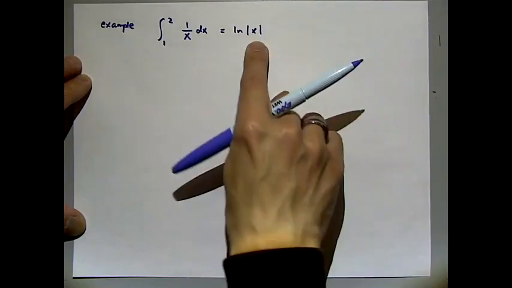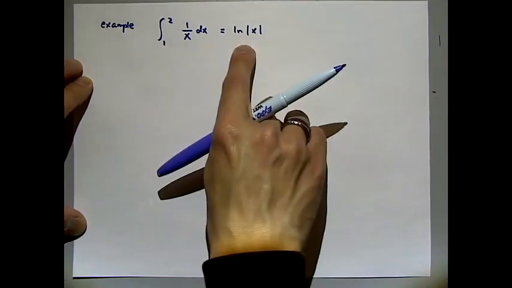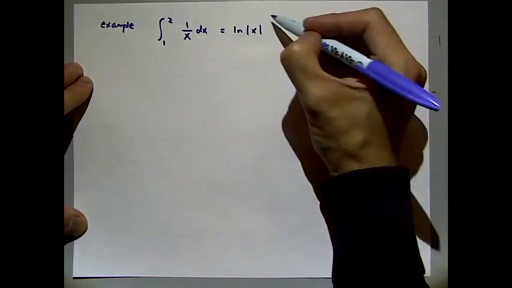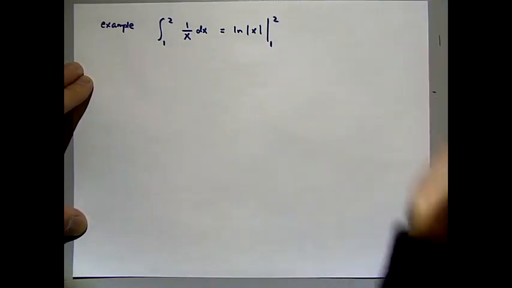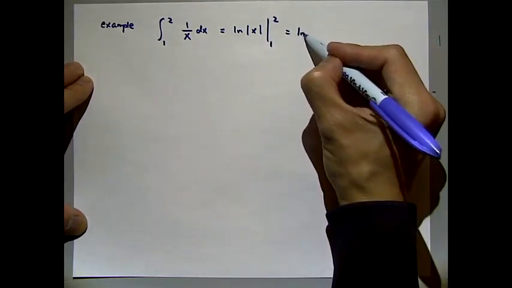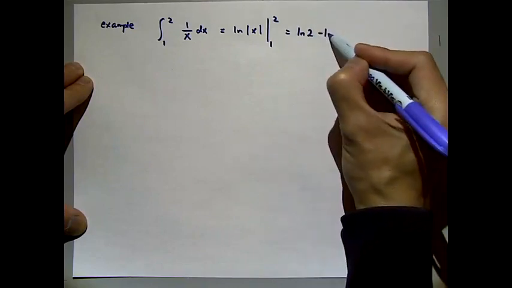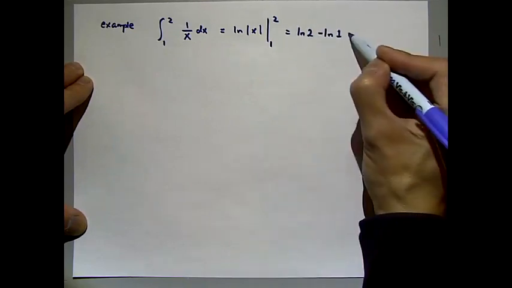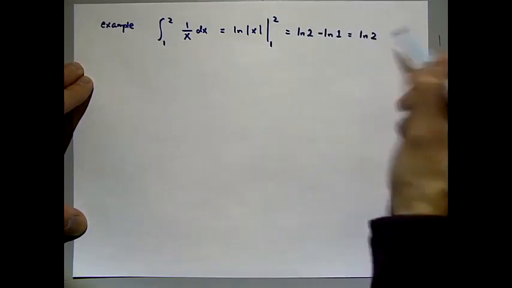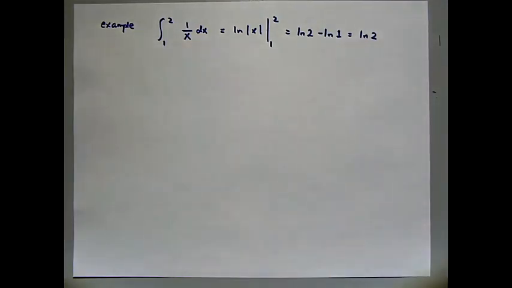Be very careful with the absolute value. We have to make sure this function is always defined. So here we get natural log of 2 minus natural log of 1. And of course, natural log of 1 is 0, so we get natural log of 2.